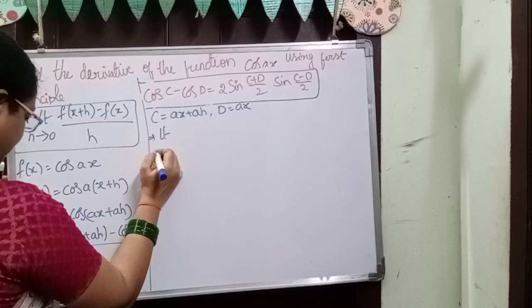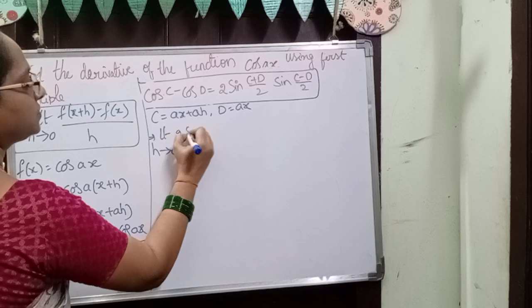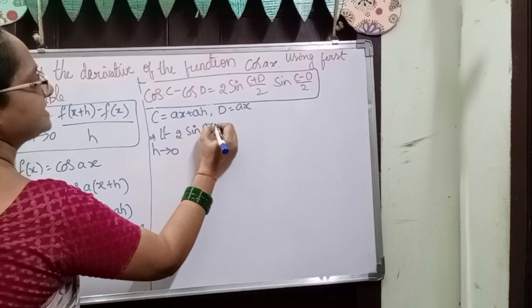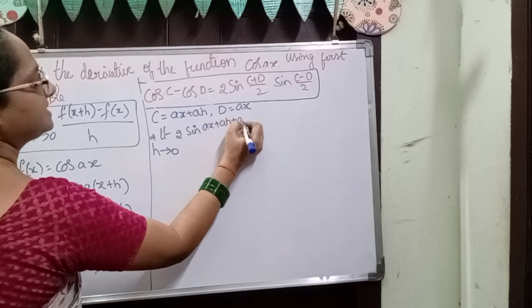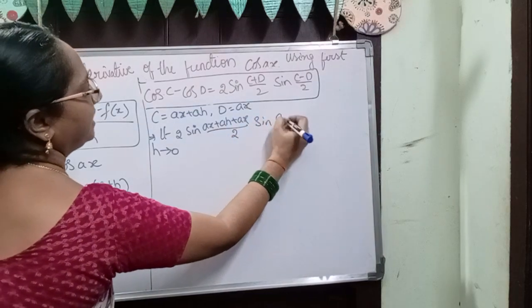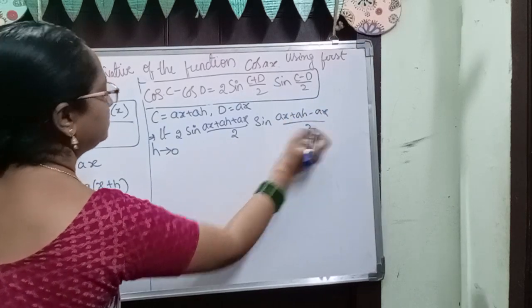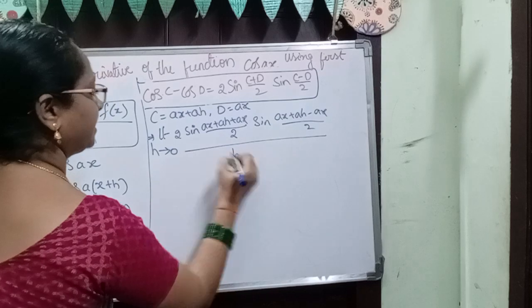That implies limit h tends to 0, 2 sin of (ax plus ax plus ah) by 2, sin of (ax plus ah minus ax) by 2, whole by h.